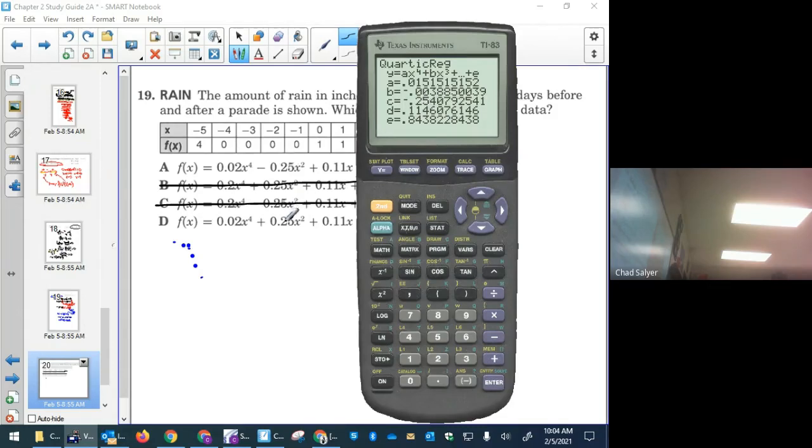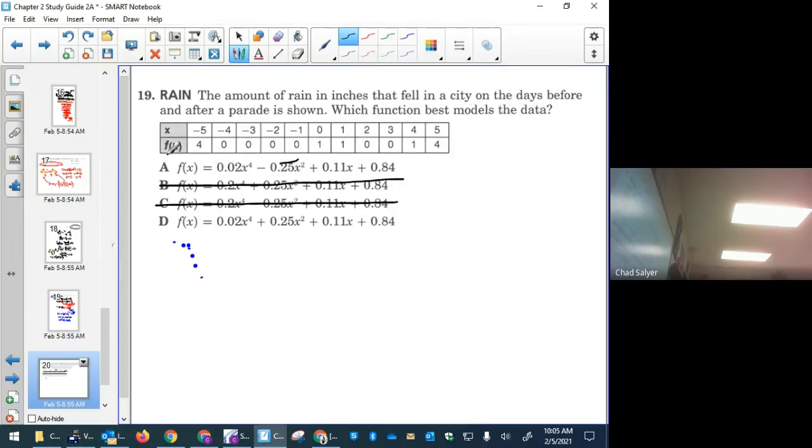Notice they don't even have it here, because if you go to the nearest 10th, it's 0. So that's why the cubic term is not present. And then positive or negative 0.25 for the squared term. So I think that's strong enough evidence for us to choose A as the closest to the calculator's model. Yes, that's correct.